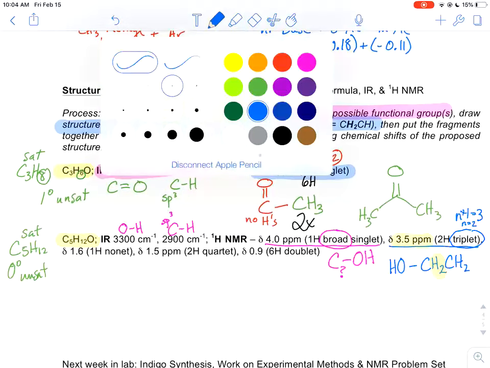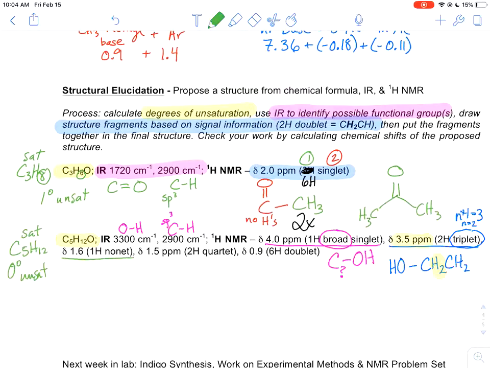Next fragment, we're going to deal with this 1.6 1H nonet, and in the table I don't actually have a nonet, but this is a 9 peak signal. Okay, so if the N+1 rule equals 9, then we know we have 8 neighboring protons, and clearly we can't have 8 neighboring protons on one carbon, so it's going to be split into a couple different things.